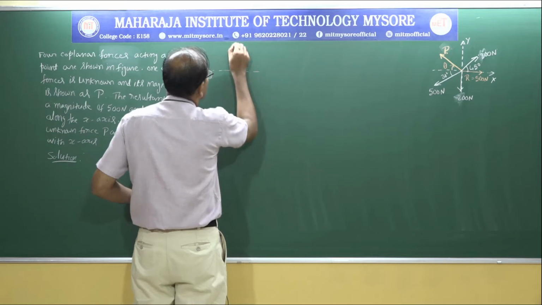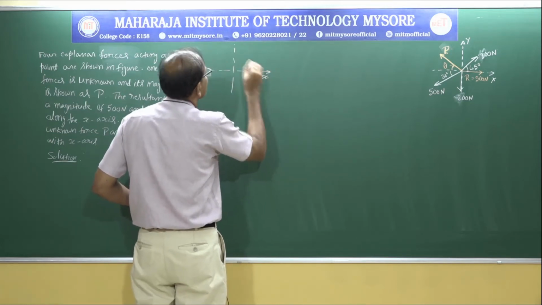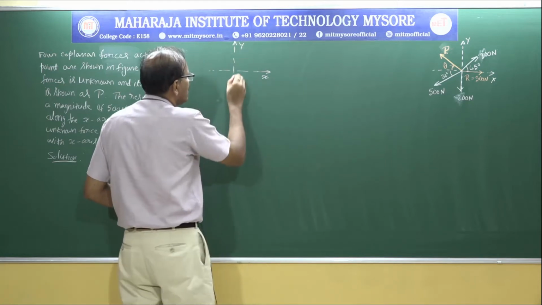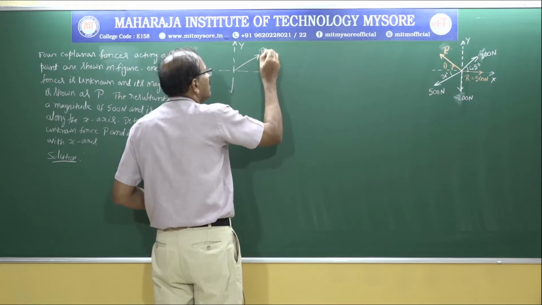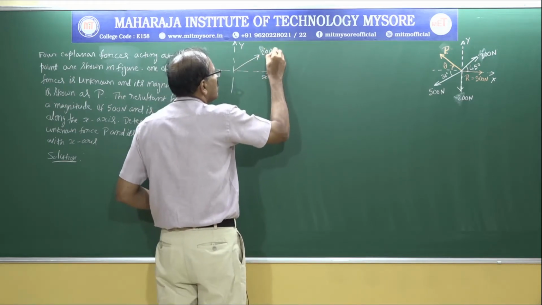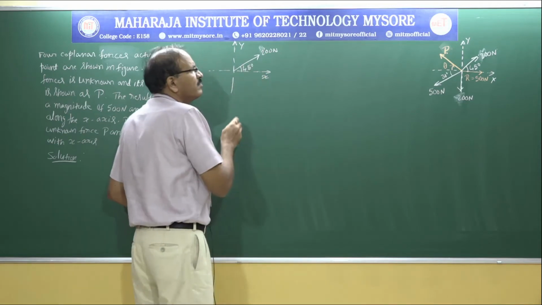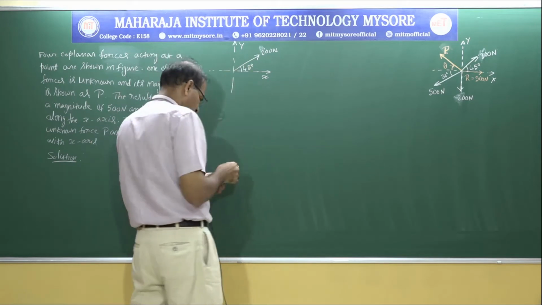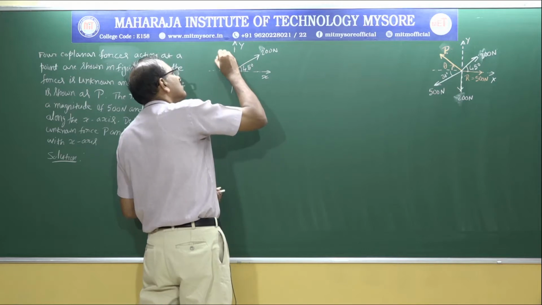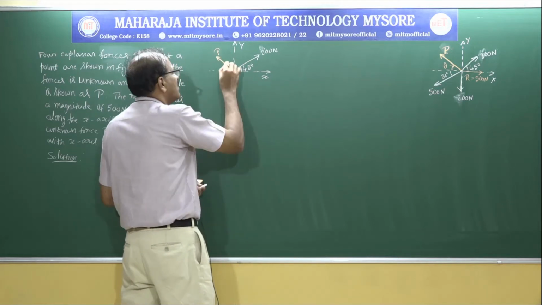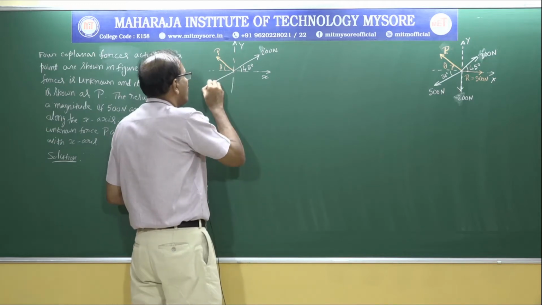This is x-axis, y-axis. This is 200 Newton, acting at an angle of 45 degree. This is unknown force P. This is theta, 500 Newton.